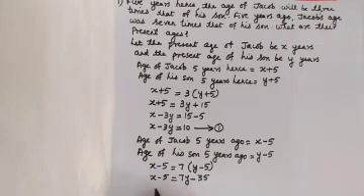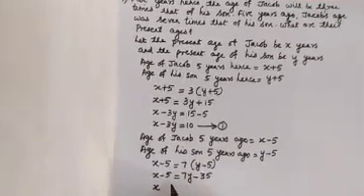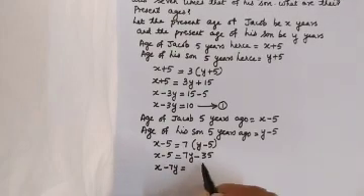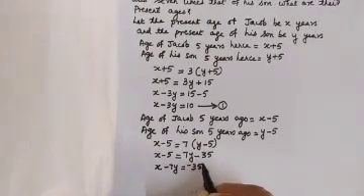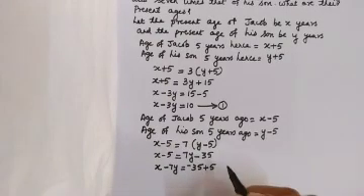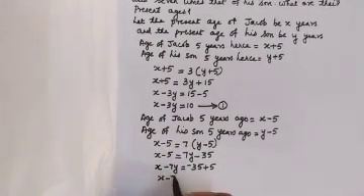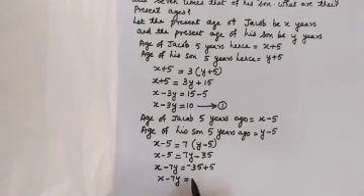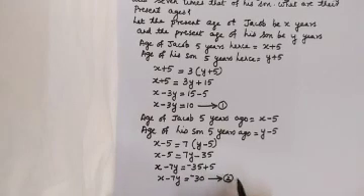Rearrange it, bring 7y to the left side, it becomes minus 7y, equal to minus 35 is on the right side. Bring minus 5 to the right side, it becomes plus 5. So x minus 7y is equal to minus 35 plus 5 is minus 30. Now this is the second equation.